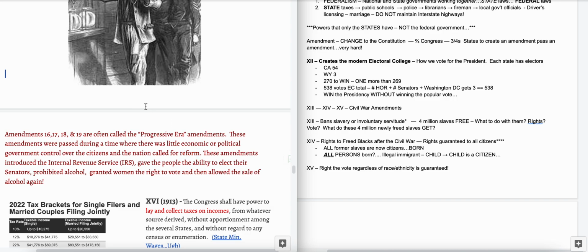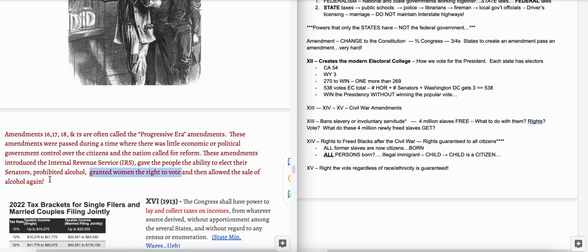So here we go. Amendments 16, 17, 18, and 19. These amendments were passed during a time where there was little economic or political control over the citizens. These amendments introduced the Internal Revenue Service, taxes, gave people the ability to elect their own senators, prohibited alcohol, which was god-awful, granted women the right to vote, woo!